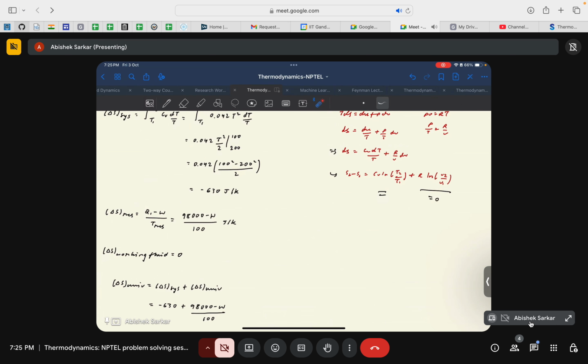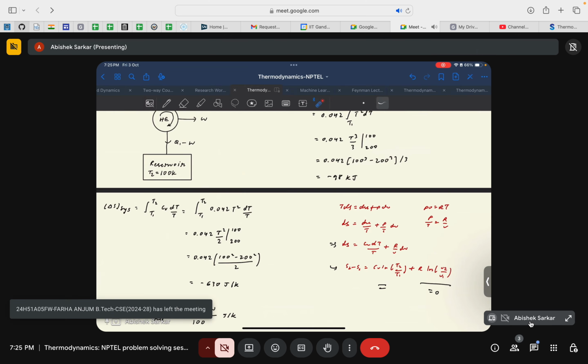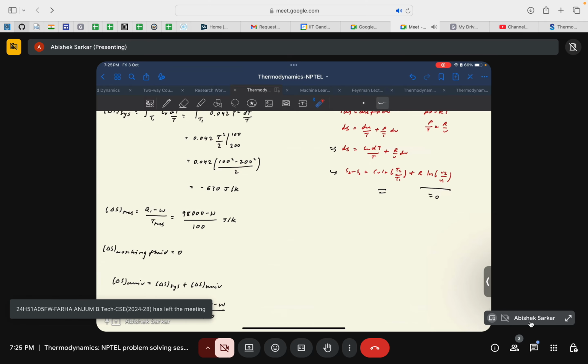So the net heat input to the reservoir would be 98 kilojoules minus the net work obtained from the heat engine, divided by 100 Kelvin. So it would be 98,000 joules, converting 98 kilojoules into joules, minus W, divided by 100 joule per Kelvin.